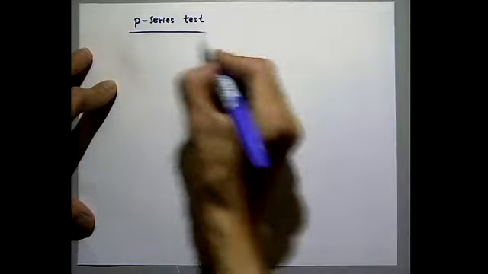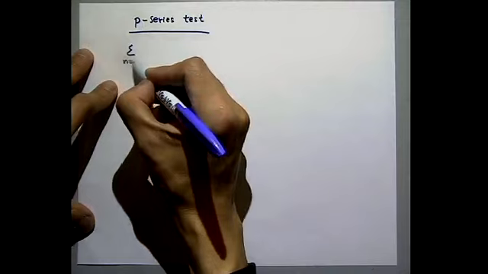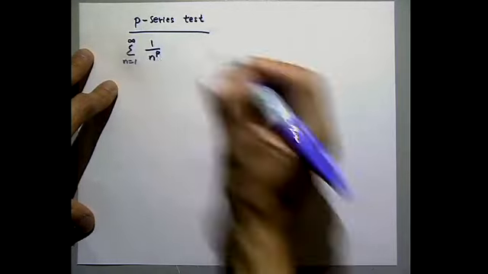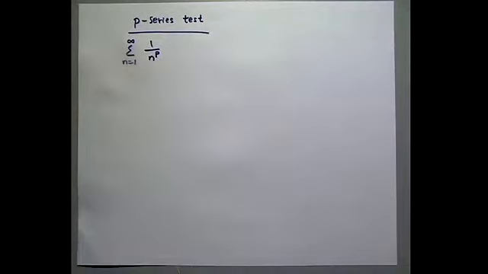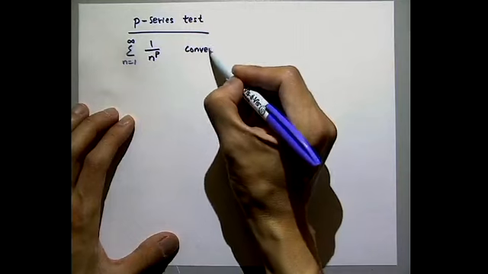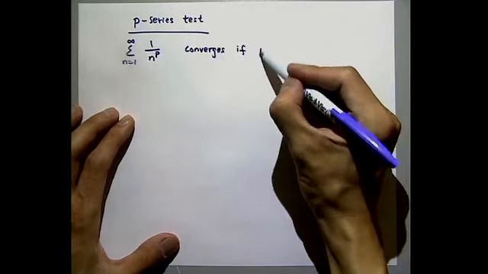But what this says is that the infinite series of 1 over n to the p converges if p is greater than 1.